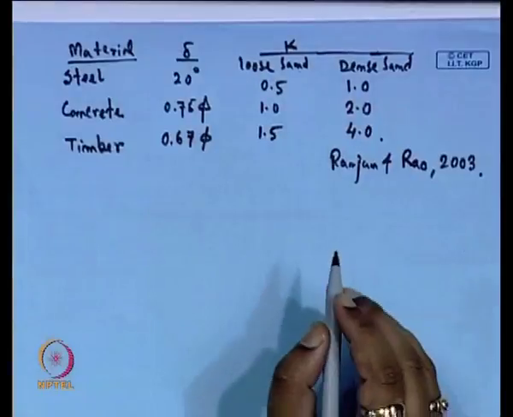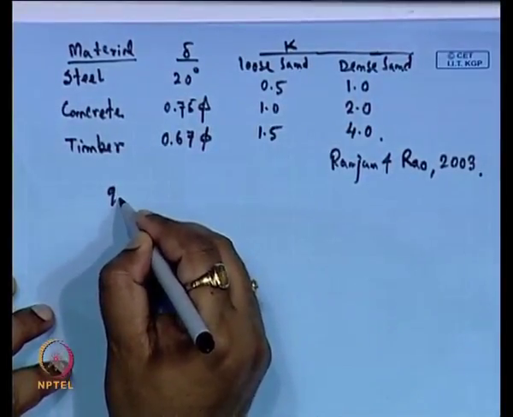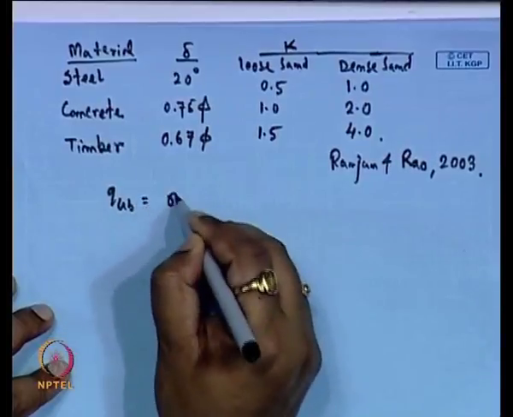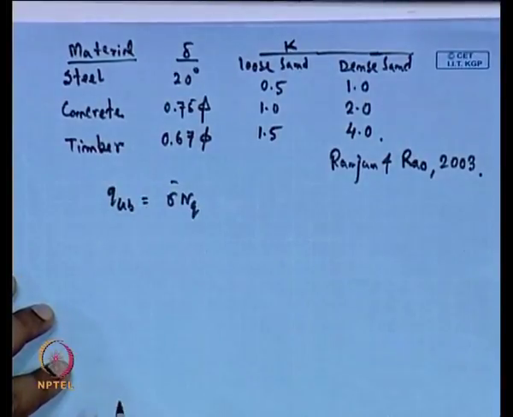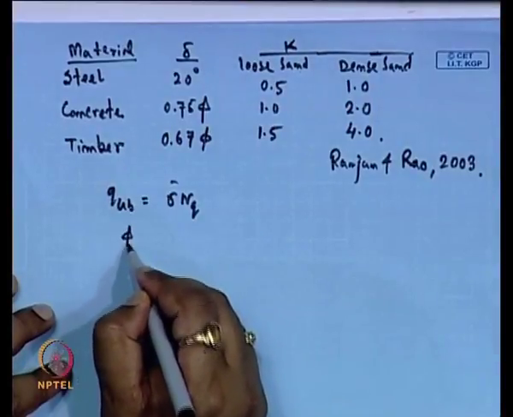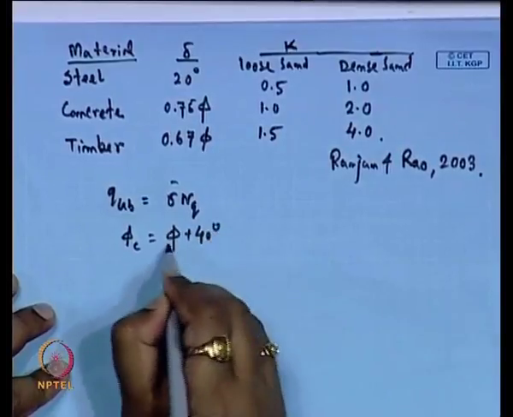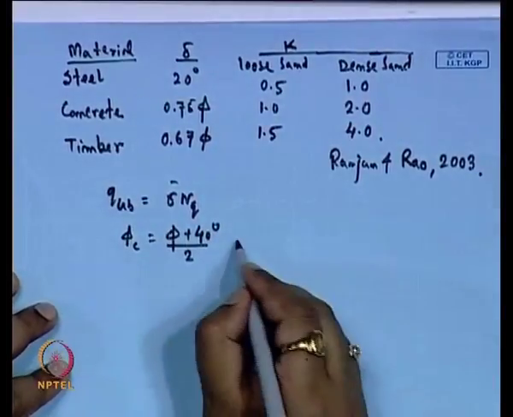So, when you calculate the sigma bar for the Qub, that is sigma V Nq, and then we will calculate this phi C as phi plus 40 degree divided by 2. This is for the driven pile.